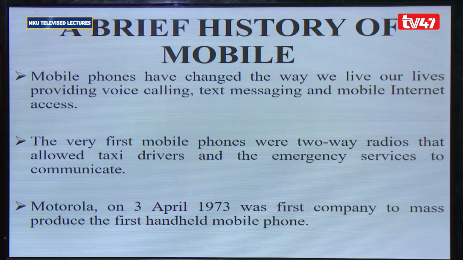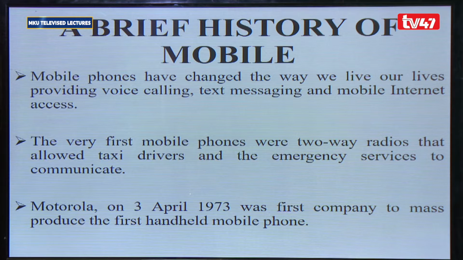So, mobile has changed the way we live and the way we do business. A brief history about mobile phones is that the first mobile phone was used for emergency services and to connect taxi drivers and the emergency services. That was in the US.